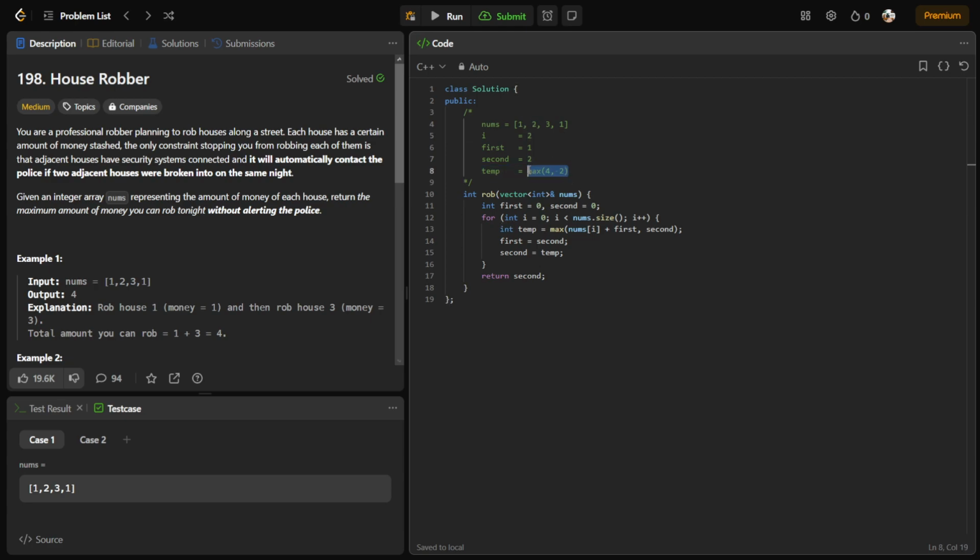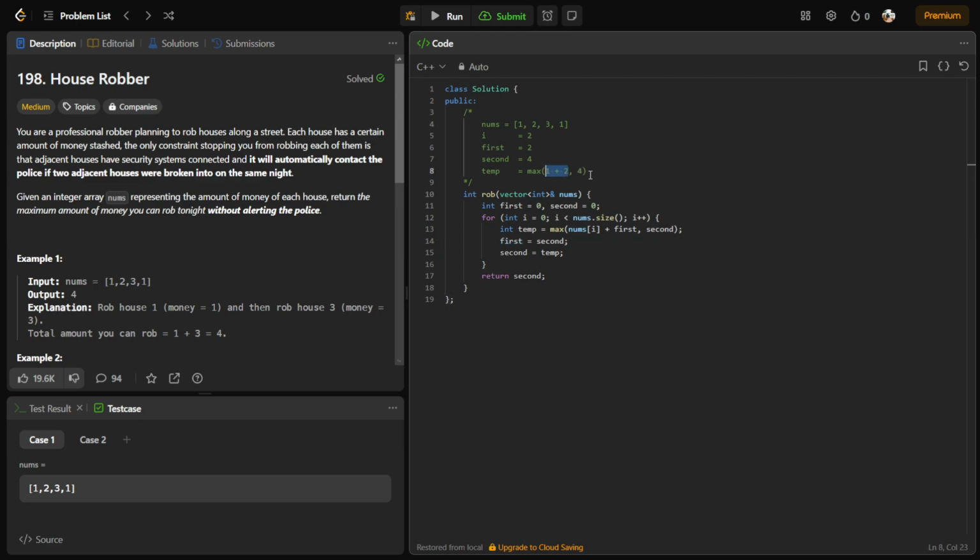So temp is now 4, first becomes second, second becomes temp, and then we move on to the last pair. Again, if I want to rob this house, I cannot rob this, and I can rob this, right? It's 2 plus 1. So temp will reflect 1 plus first, which is 2, compared with second, which is 4.